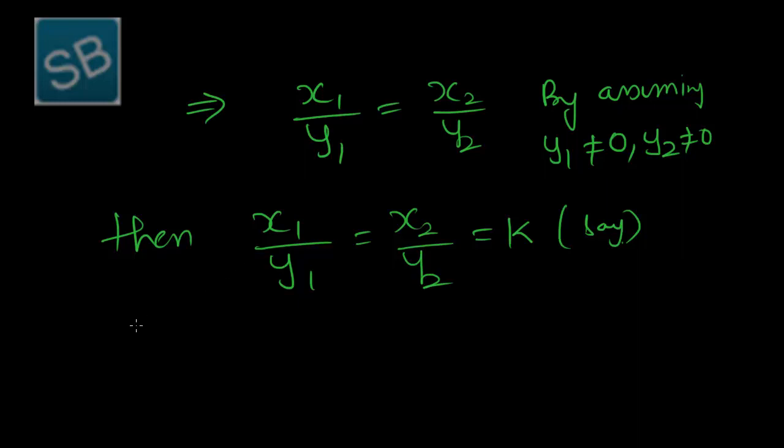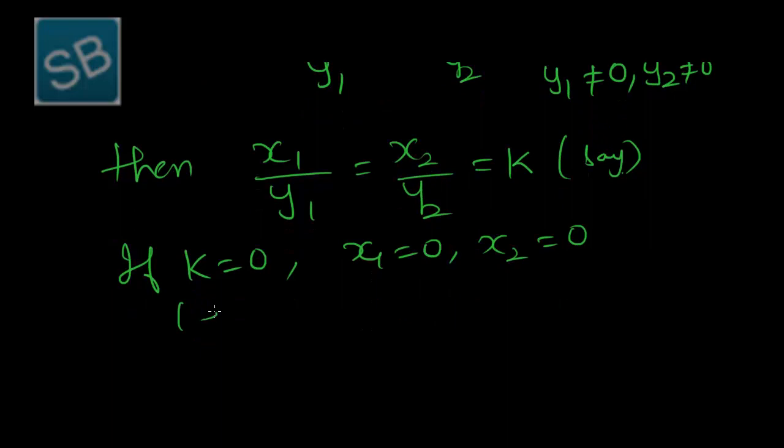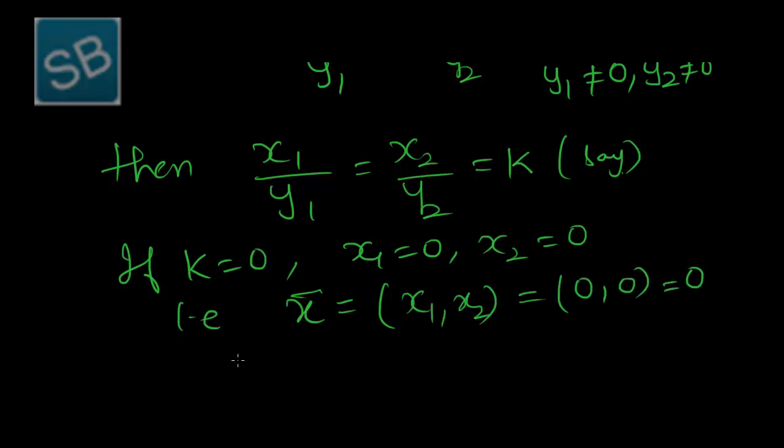Now if k is equal to 0, then from this x1 is equal to 0 and x2 is equal to 0. That is, vector x, which is (x1, x2), that is (0, 0), is a 0 vector. But x is not a 0 vector, therefore k is not equal to 0.